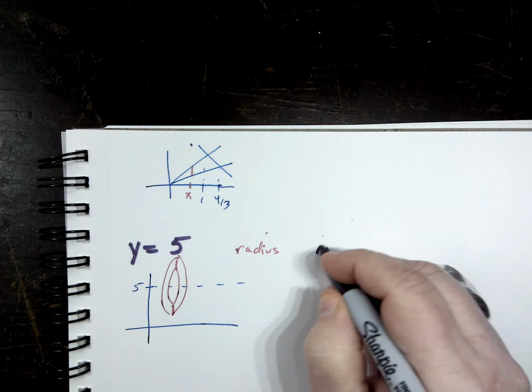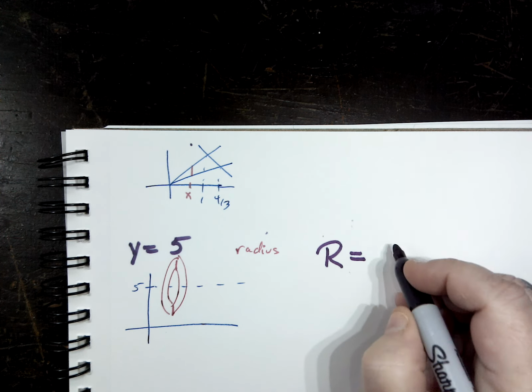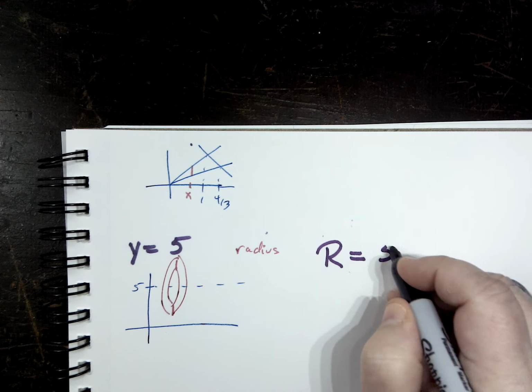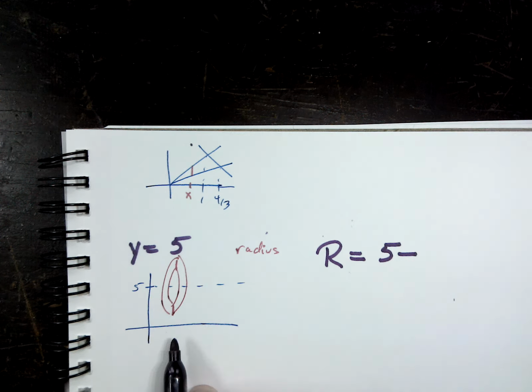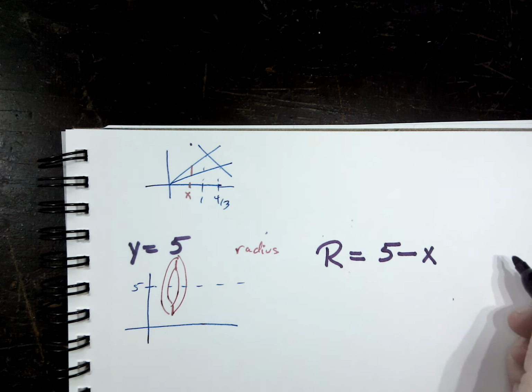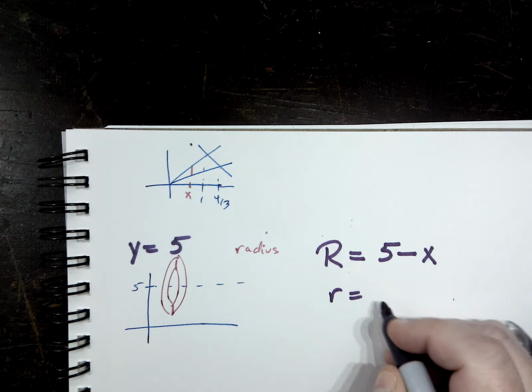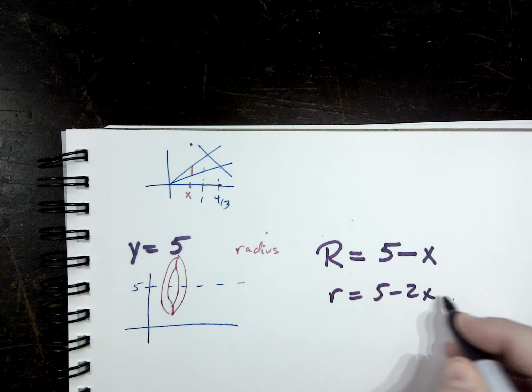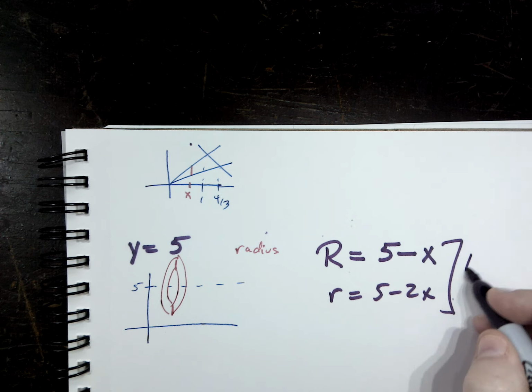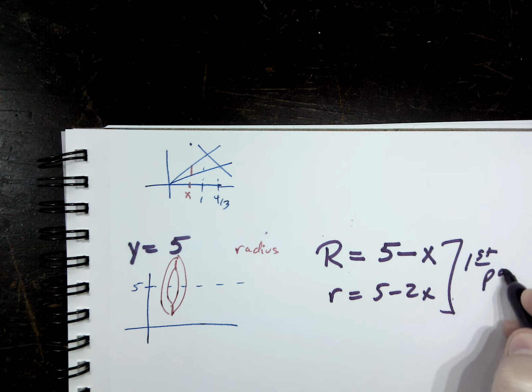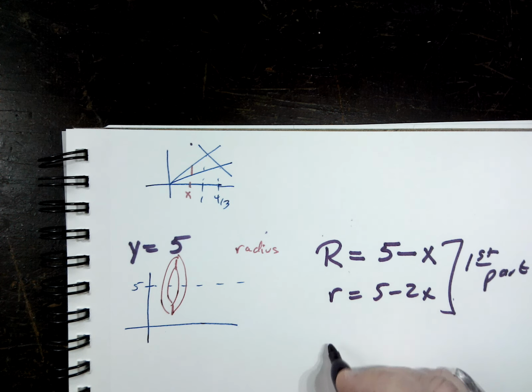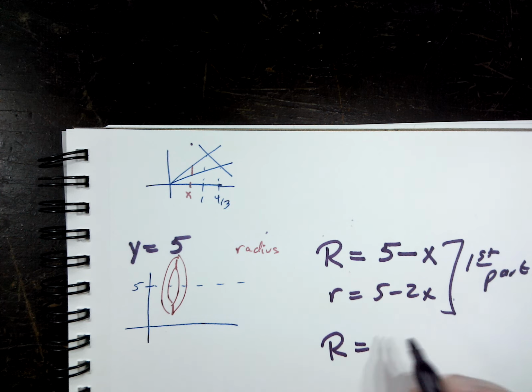So the big radius, in this case, is going to be 5 minus the bottom function, which was x. And the little radius will be 5 minus 2x. This is in the first part. And in the second part, my big radius will still be 5 minus x, but this time my little radius will be 5 minus negative 2x plus 4.